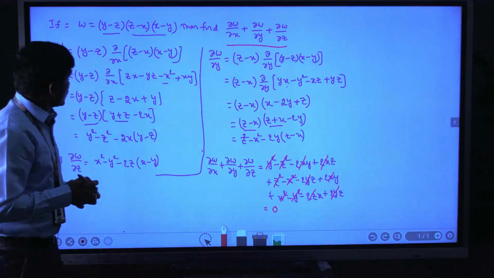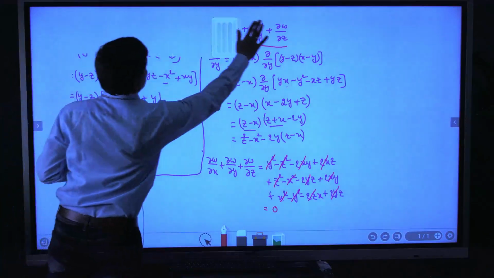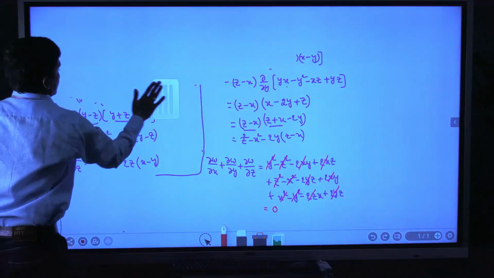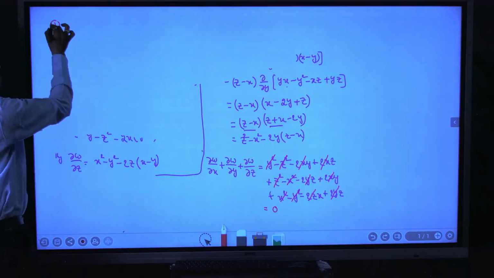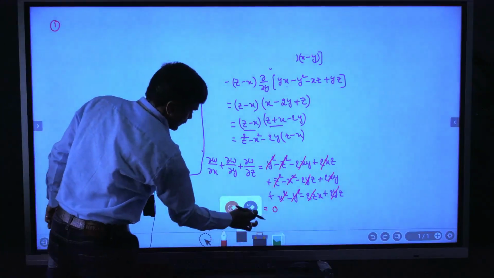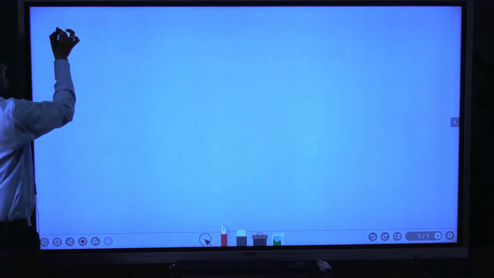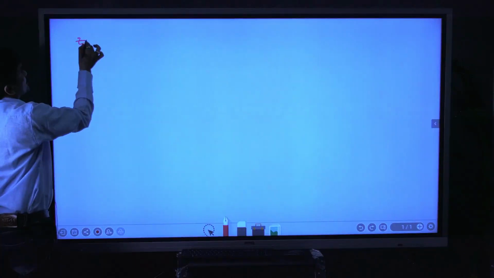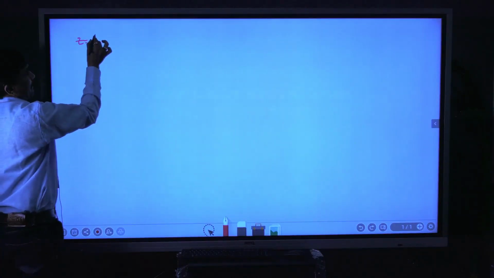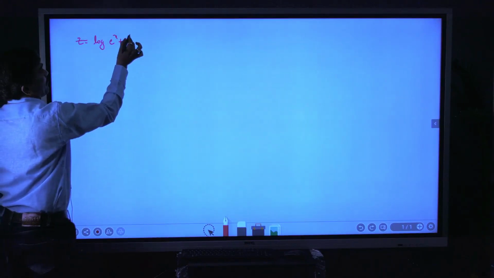Now take one more example. Z is equal to logarithm of e power x plus e power y.